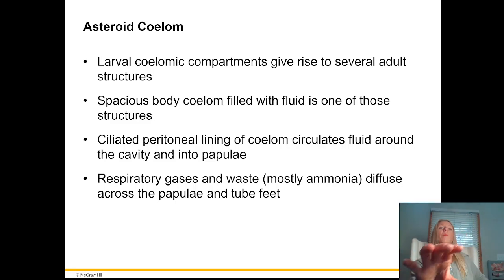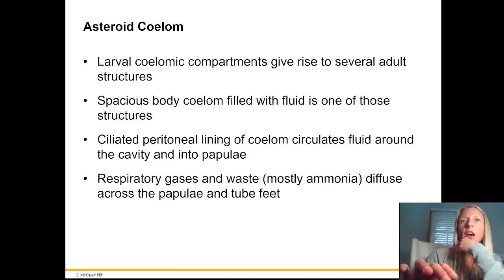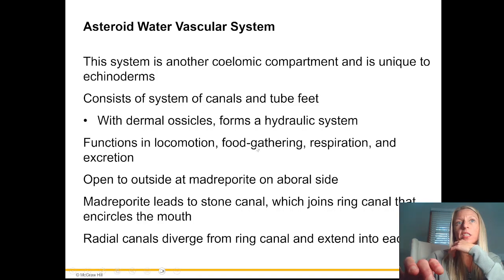The coelom of the asteroids has compartments that give rise to their adult structures. One is a coelom filled with fluid that circulates fluid, and respiratory gases diffuse across the papillae that line the coelom and the tube feet.